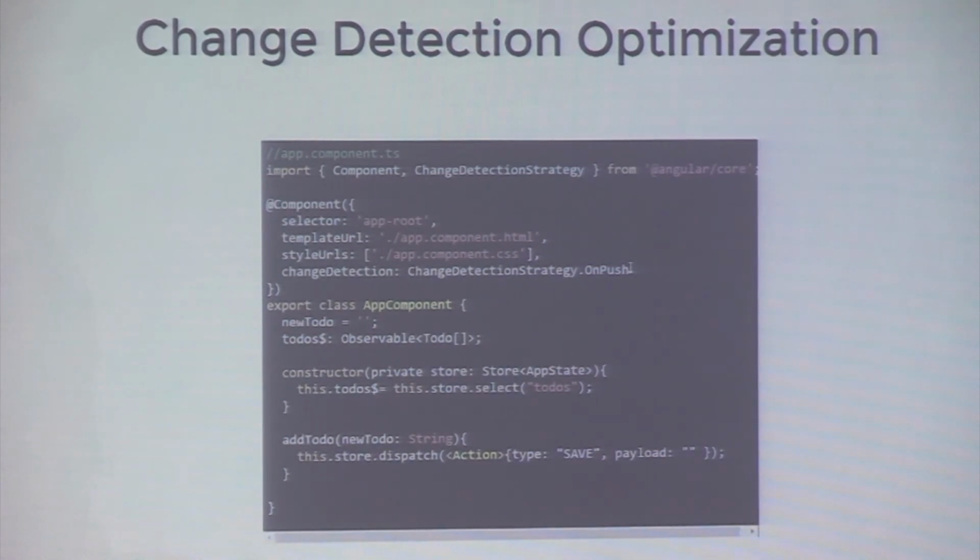Because you know you're using the NgRx store, your view should only change when the data changes. This is how it works. It wouldn't work so nicely if you're passing data from different components down in a tree, because then the whole tree would be re-rendered.